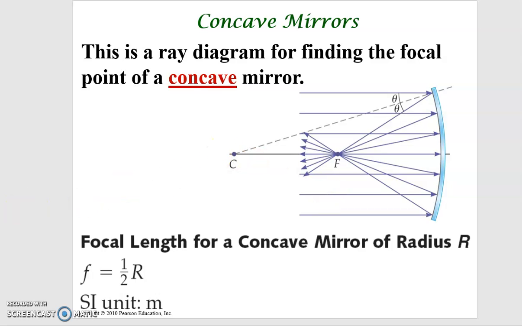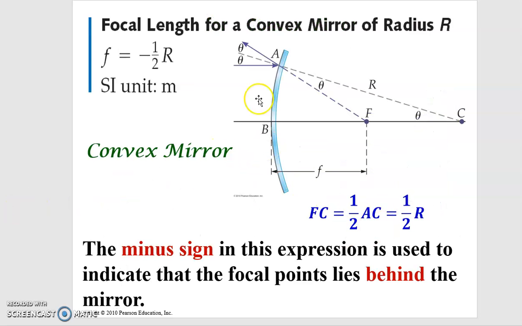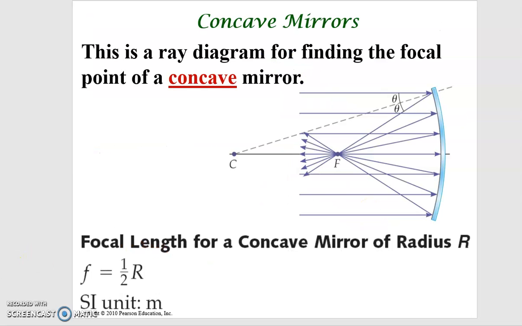All the relations we introduced for the convex mirror, the angles and the distances between R and F, should still be the same, except now the focal point is in front of the mirror. So the focal length is 1/2 of the radius of curvature, but it is positive because the focal point is in front of the mirror. Now you know the difference between the concave and convex mirror.